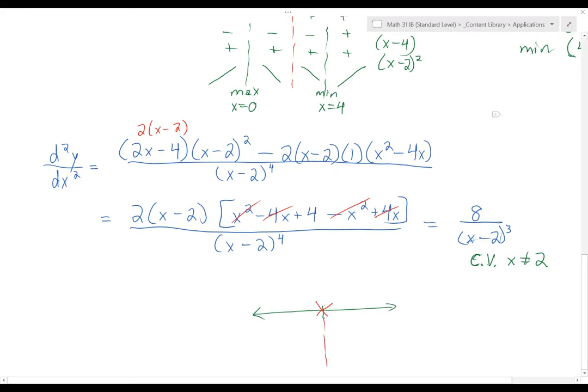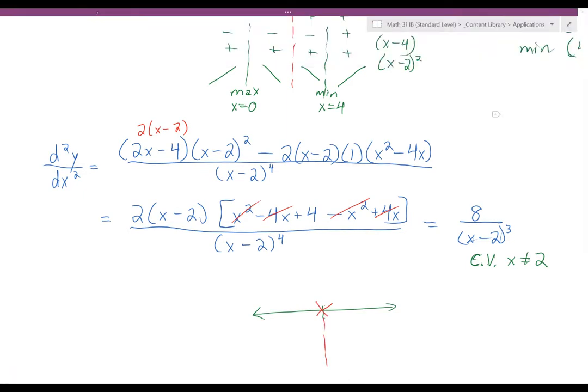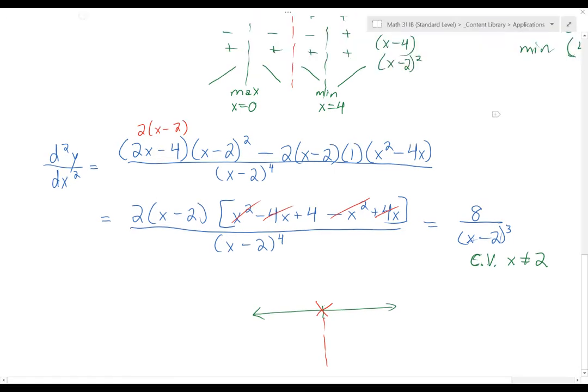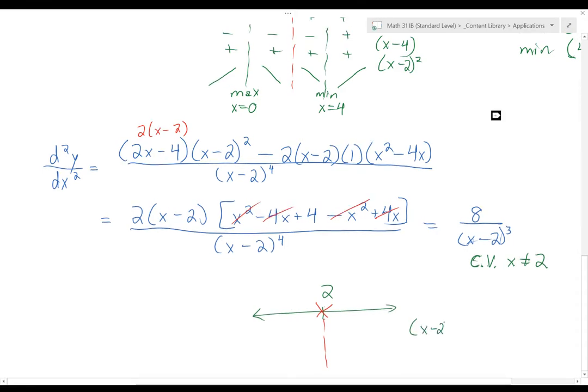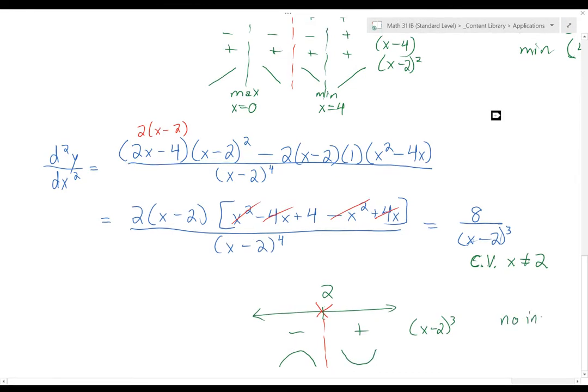But again, that's an asymptote, so I'm keeping clear. There aren't going to be any inflection points here because I can't be at an inflection point at a non-permissible value. The numerator is always positive, so I'm not going to bother including it because it doesn't affect the sign. (x minus 2) cubed is going to be negative if x is less than 2 and positive if it's greater, which means I have exactly what I expected to see. Downward concavity, upward concavity, no inflections.